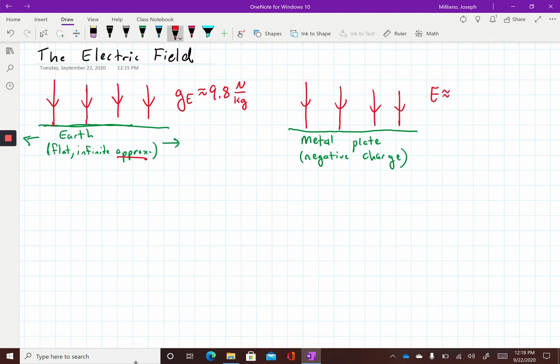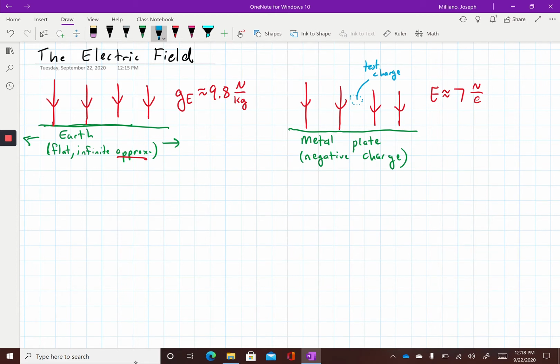Let's say it's 7 newtons per coulomb, just some number. And this tells you the force that some other third object, some test charge, would feel here, per coulomb of charge that this test charge has.